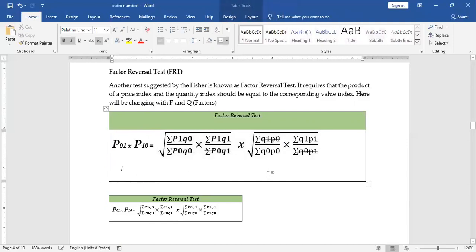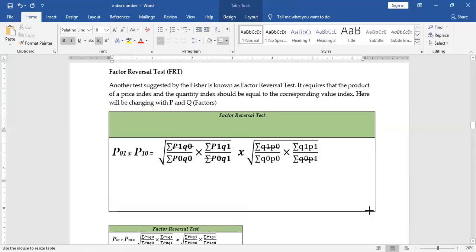You'll be remaining with P1 Q1 and P0 Q0, so we'll be remaining with P1 Q1 on both sides.